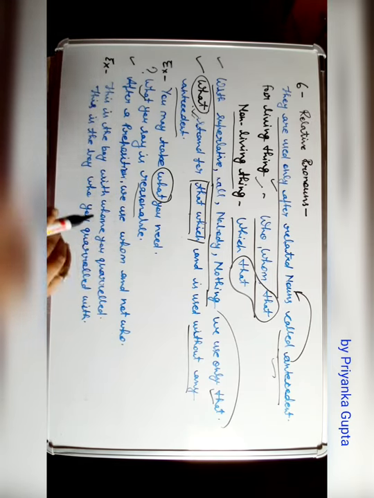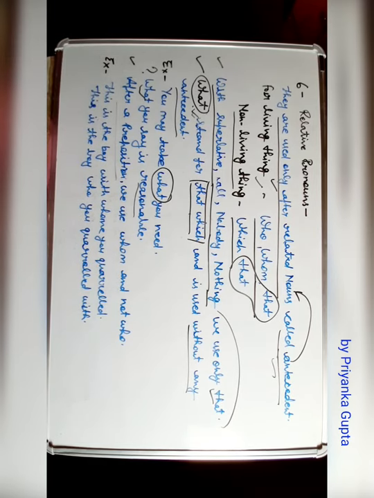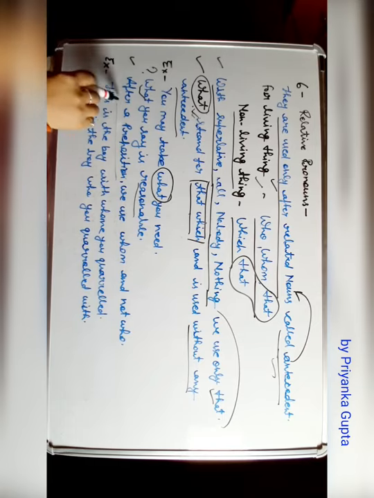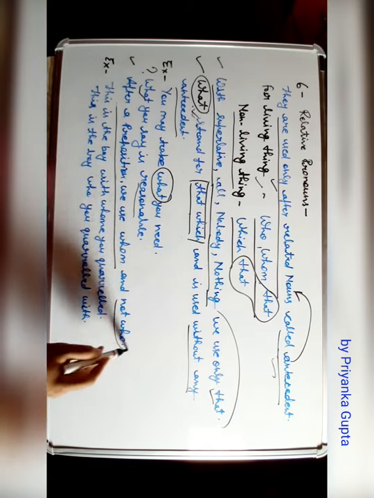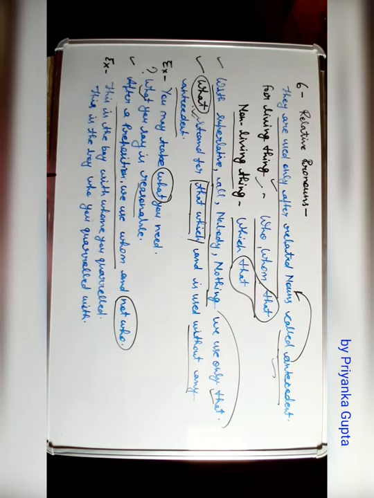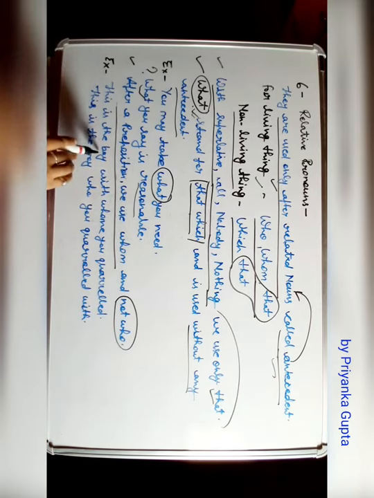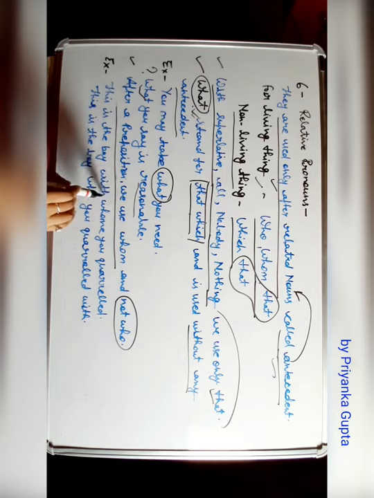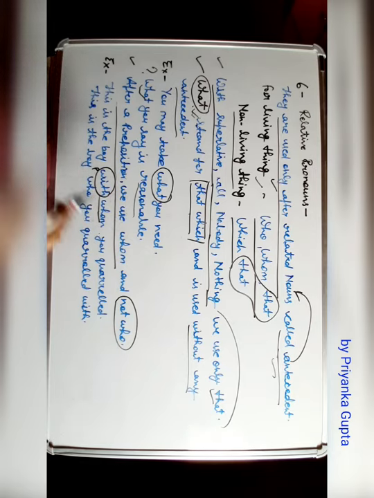Next point to be noted: if there is any preposition, we use whom but not who. After a preposition we use whom, not who. Let's see an example. This is the boy with whom. This is your preposition, and this is your pronoun.